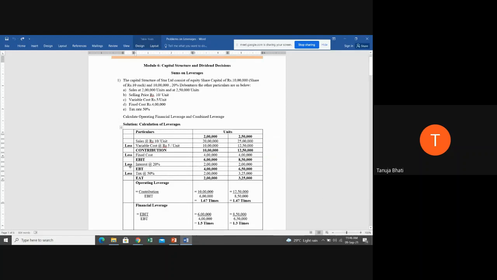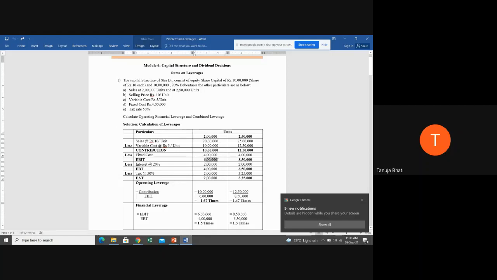From that, first you have to minus interest, and this interest is nothing but your financial cost, that is interest to the debenture holders. Now here 20% is the interest to be given to debenture holders, and the value of debentures is 10 lakhs. So 10 lakhs into 20%, it is nothing but 2 lakh. So 2 lakh is your interest to the debenture holders.